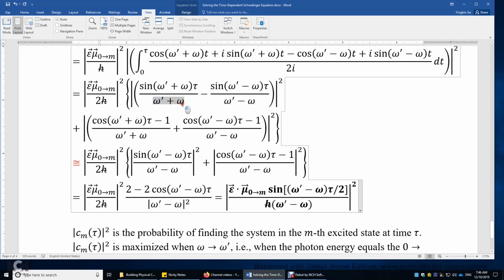Again, this one can be 10 to the power of 15, and this one can be maybe 10 to the power of 2, or 10 to the power of 1. So really, if you compare these two terms, the difference between omega prime and omega can be much, much smaller than the sum of these two.